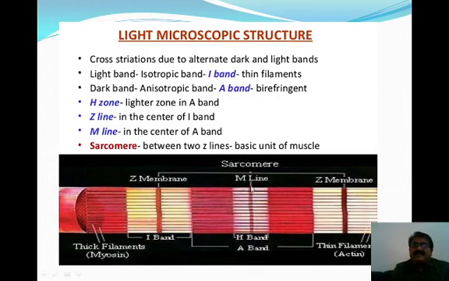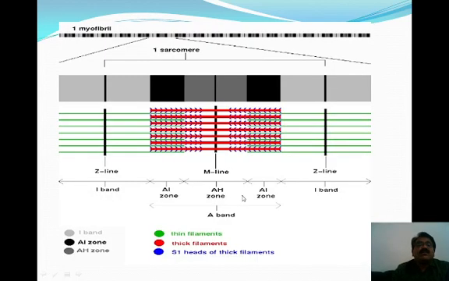Here there is also a straight line, the M line. The region between two Z lines is the structural unit of striated muscle, the sarcomere. Myofibrils are the structural units of striated muscles, and they comprise alternate lighter and darker bands, also called thin and thick bands, or thin and thick filaments, which are associated with protein molecules.